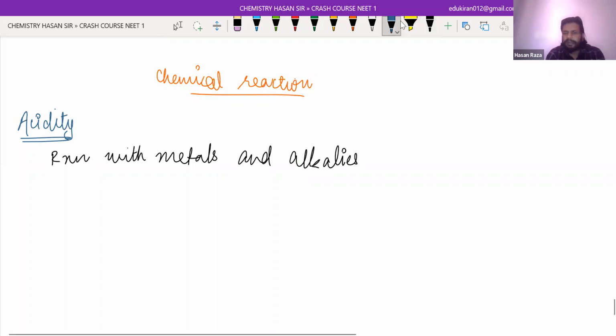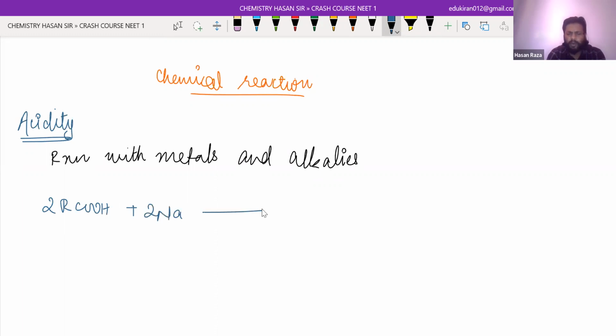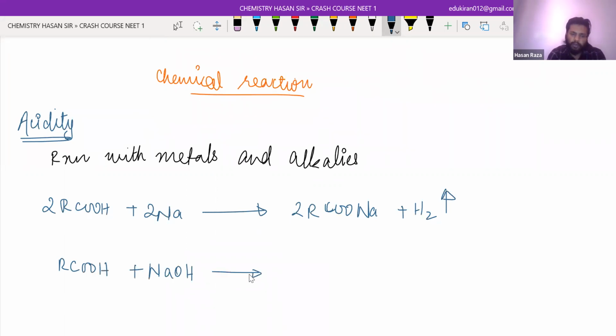So you know that when acid reacts with metal, you will be getting salt plus hydrogen gas. So this is your RCOOH, and you are going to react it with 2Na. 2Na is only there to balance it. So it will be converted into RCOONa, which is a salt, and hydrogen gas will be liberated. And acid reacts with base to give you salt plus water.